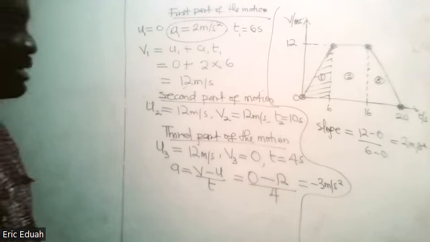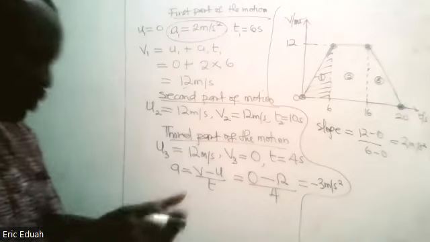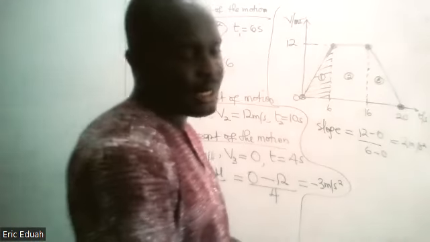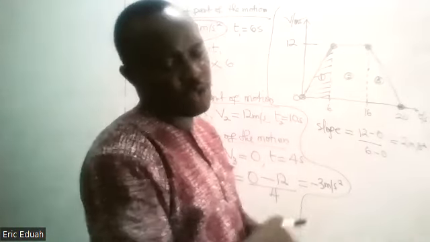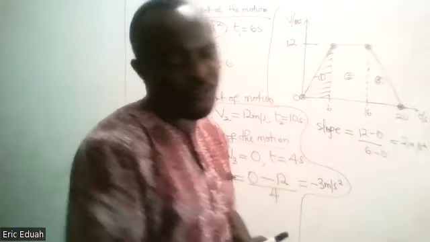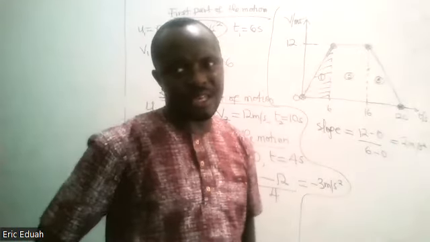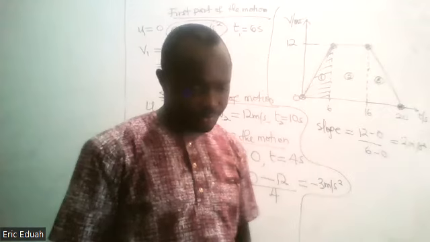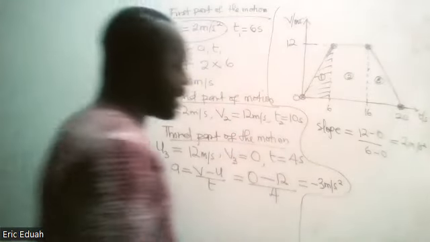The total distance covered. So if we are to determine the distance of the body, all that we need to do is to find the area under the velocity time graph, and we are good to go. Two ways.